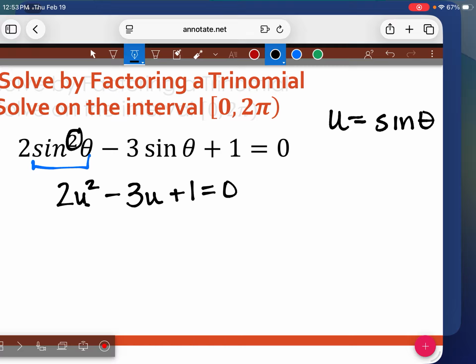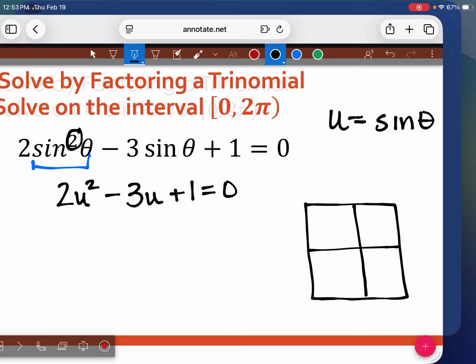Okay. So now we've got to factor. Cannot do a shortcut. So let me make my box. 2u squared goes here, and 1 goes here. Remember, this is A, B, C. Let's make our x.